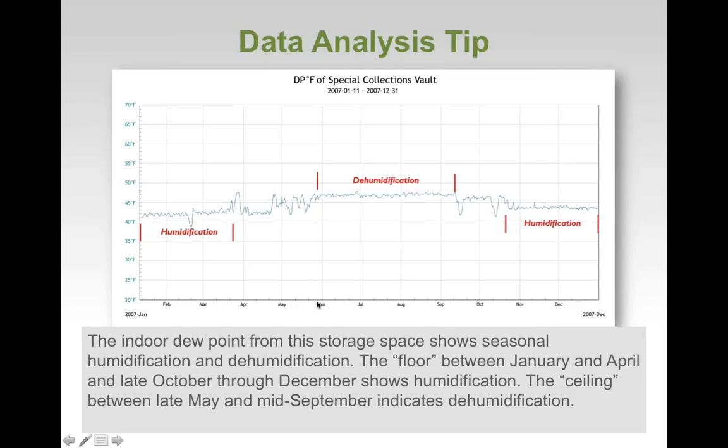This runs here late May to mid-September. Again, your shoulder season and dehumidification. This is a very tight relative humidity control, and it's one of the setups that is for a specific function. They're going to be using these to really keep the moisture under control within this space.